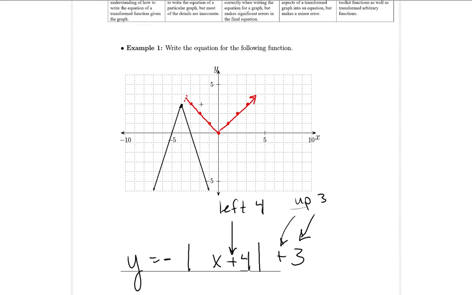If I go over 2, it changes by 6. So not only am I taking the negative of each y value, but I'm also going 3 times as much in the y direction as I would have been. So that would be a vertical stretch by 3.